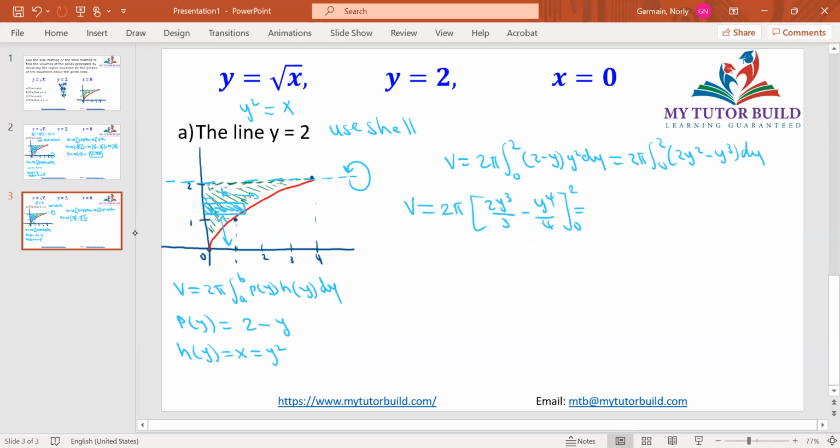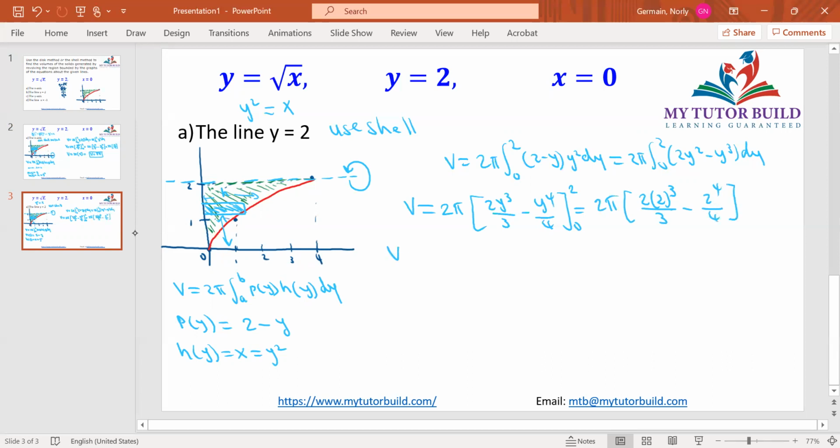As you saw in the previous question, when you substitute for 0, it gives you 0. So we don't really need to bother with 0. Let's just substitute for 2. So it's going to give us 2 times 2 to the power 3 over 3 minus 2 to the power 4 over 4.